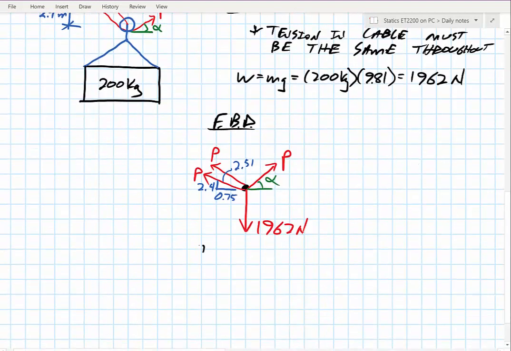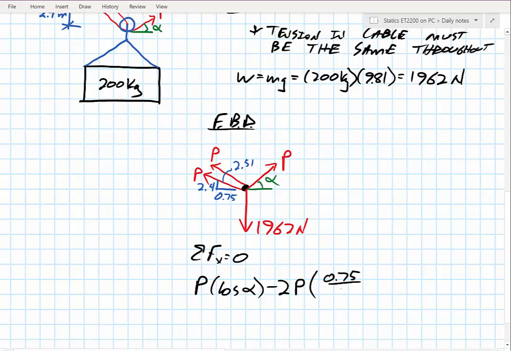So from my sum of the forces in the x direction equals 0, because I know it's in equilibrium, it is not moving, I have my P in the positive direction times the cosine of this alpha, minus these other two P's, and their x component over that hypotenuse of 2.51, is equal to 0.